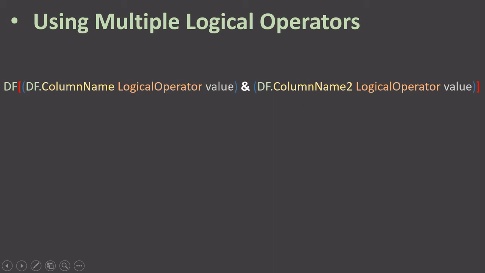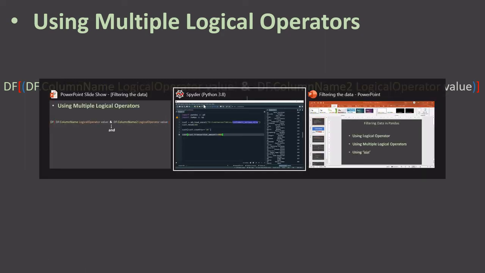How are you going to do that? For that you have to use this operator as well, and this is called AND. This will add the two logics together and help you in filtering the data. Now let's go to the Python IDE and try to understand this practically.